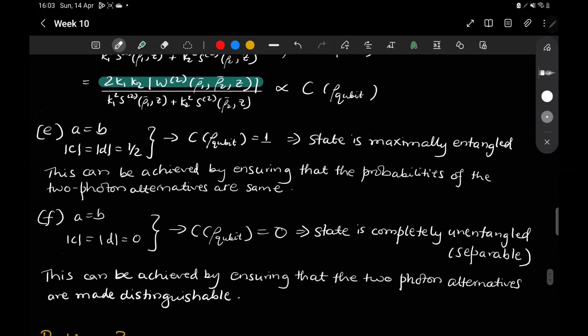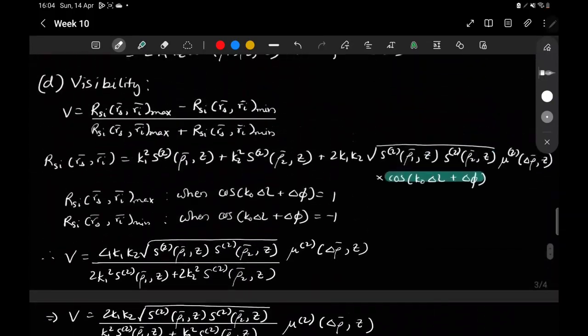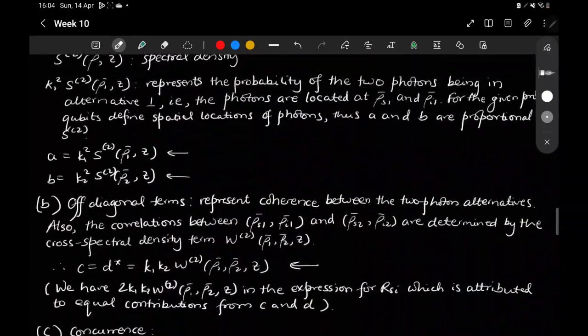So once they are distinguishable, then you will get separable. And in that case, mod C will be 0. Okay, so this completes question 1.